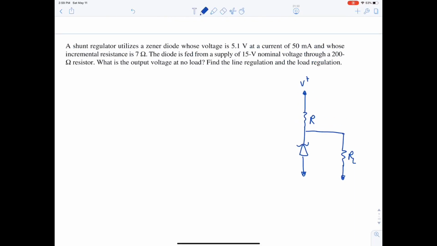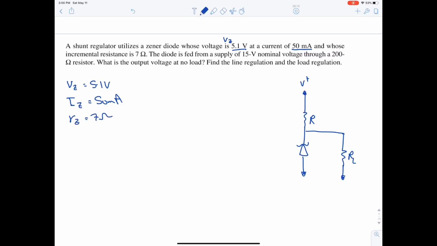Okay, so a shunt regulator utilizes a Zener diode whose voltage is 5.1 volt. So this is Vz at a current of 50 milliampere. So Vz is equal to 5.1 volt, Iz is 50 milliampere, and whose incremental resistance, which is Rz, is 7 ohm.